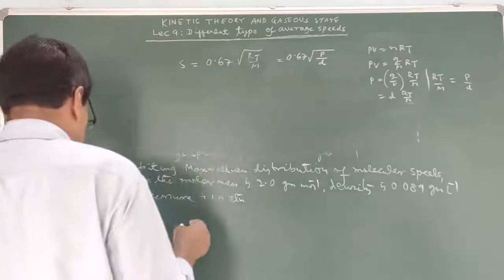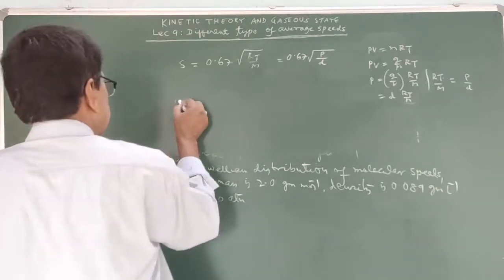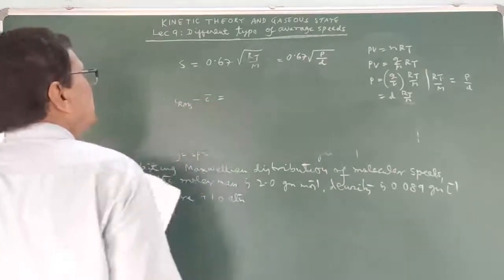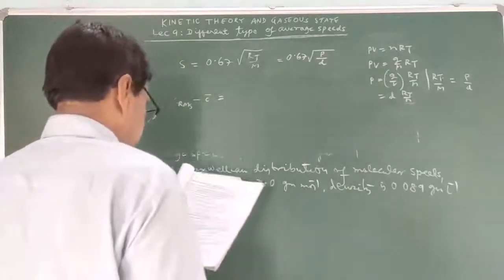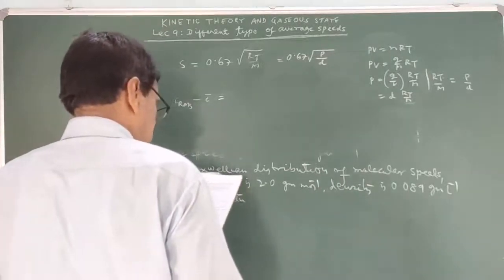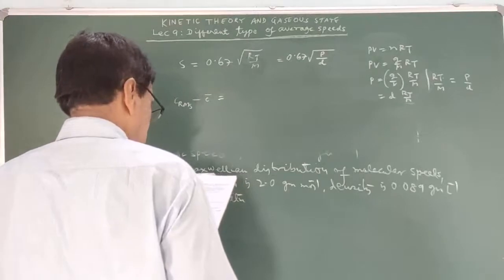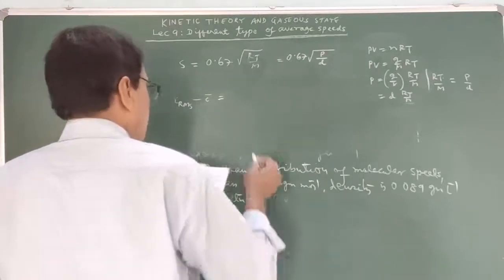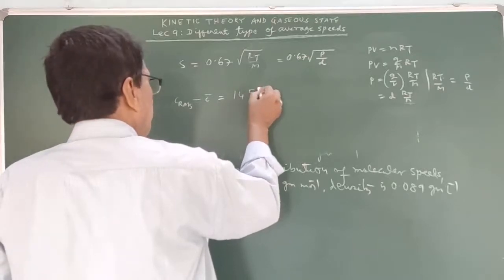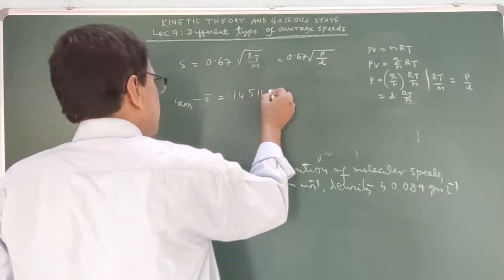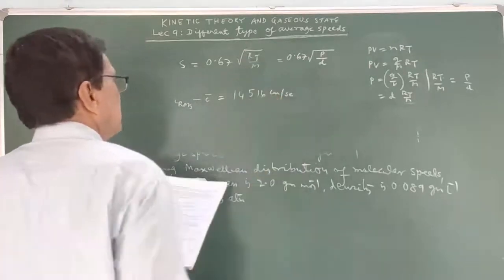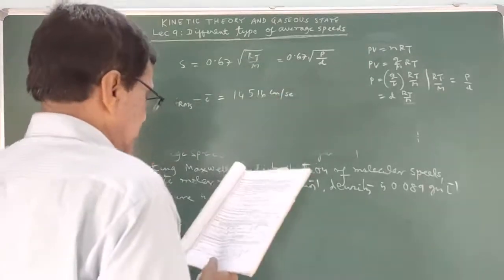Putting this, you can calculate the C RMS minus C bar. You can write this equal to 14,516 centimeter per second. This will give you the difference.